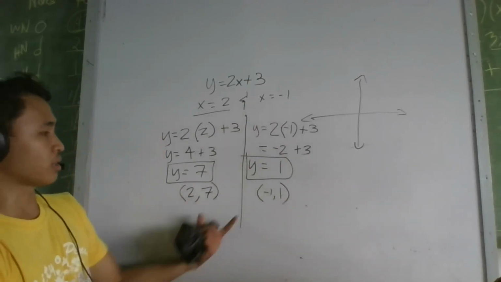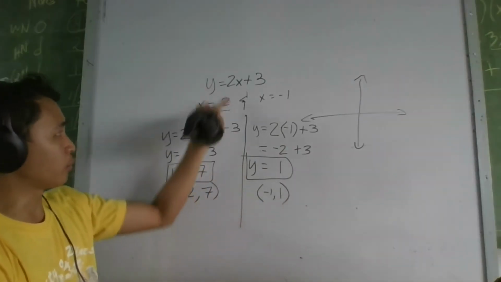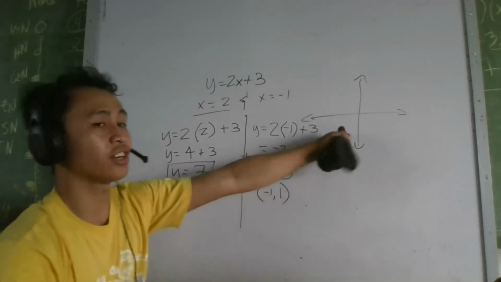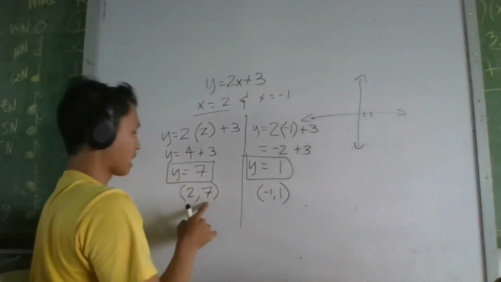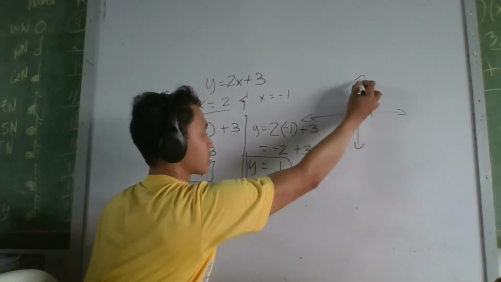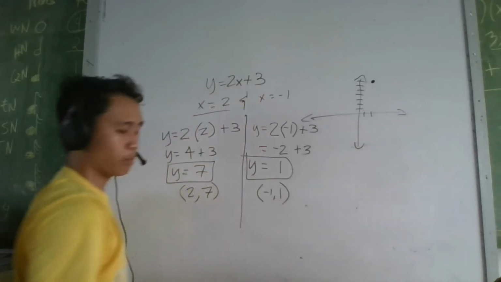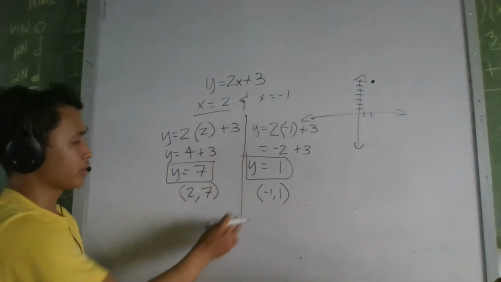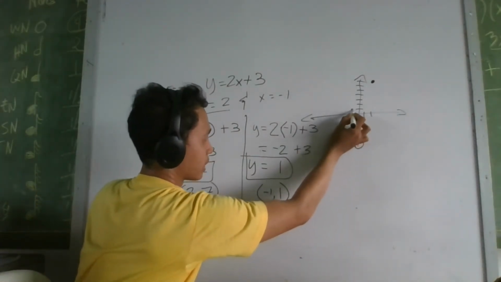Okay? So, these are the 2 points given na. Then, we can now put y equals 2x plus 3 sa Cartesian plane. 2, 7, that is 1, 2. 7 na y, positive. So, sa taas, 1, 2, 3, 4, 5, 6, 7. So, it's right there. Okay? Yan yung point. Another point, negative 1, 1. So, negative 1, then 1, it's right here. Okay?